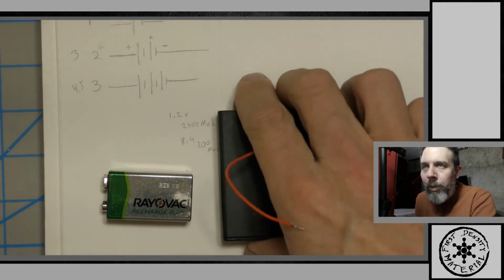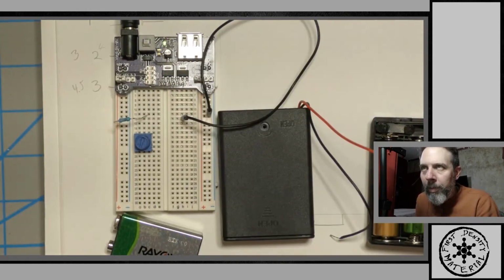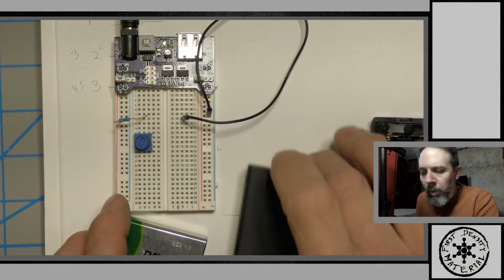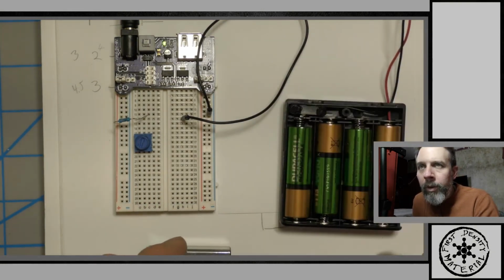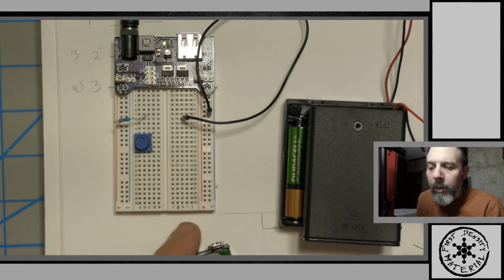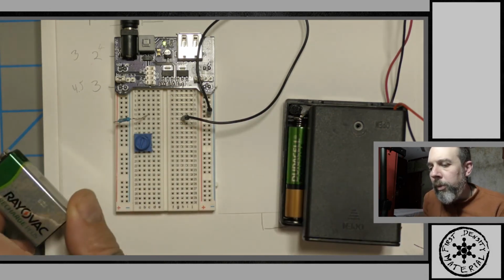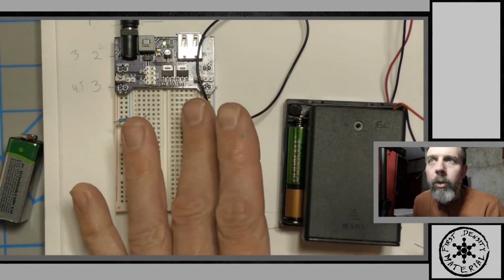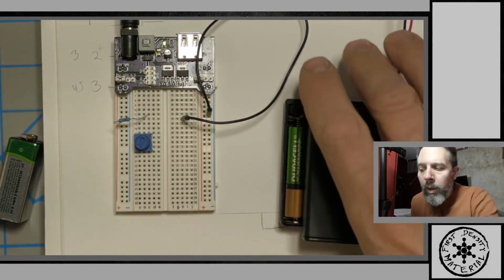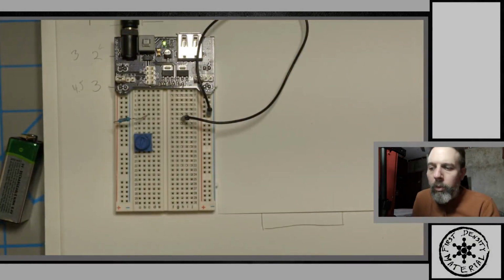So I did have you get this breadboard power supply too. We're going to be using batteries and breadboard power supplies. If you wanted to go get a 9-volt, you could, but I would start out with one of these first, because a 9-volt can blow out LEDs if you don't do the resistor just right.